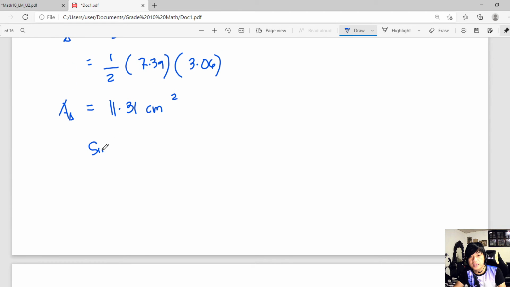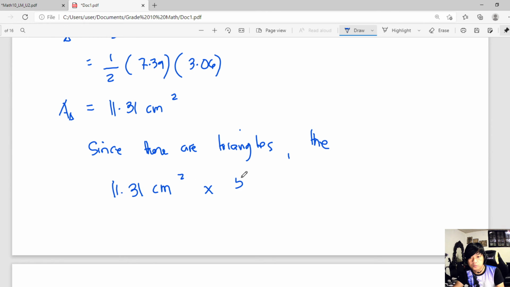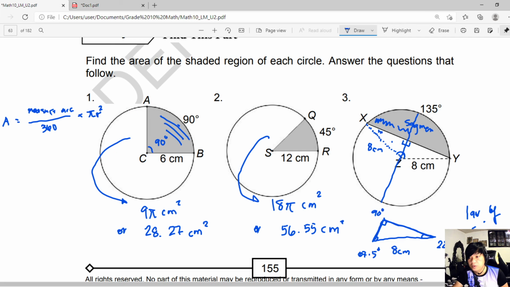Since there are two triangles, 11.31 centimeters squared times 2 is equal to 22.61 centimeters squared. So this is the measure of our whole triangle.